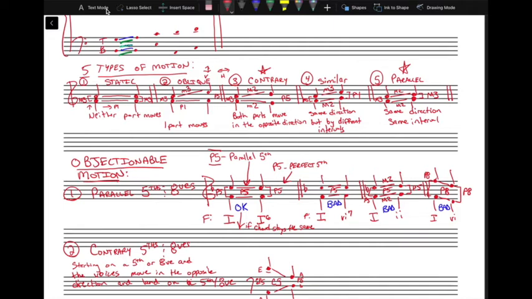Same thing happens, and of course, it's bad. So we want to avoid writing like this and using this in our writing. It's going to be hard at first to identify what's happening. So there's an F, there's an F, so you have an octave. So here's a perfect octave, and it's landing on a unison.